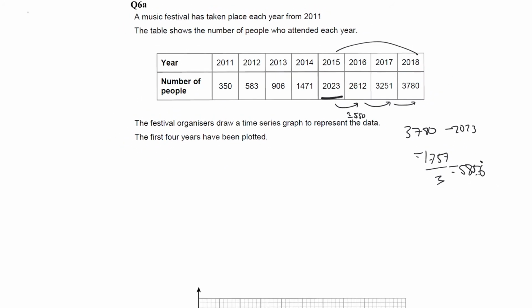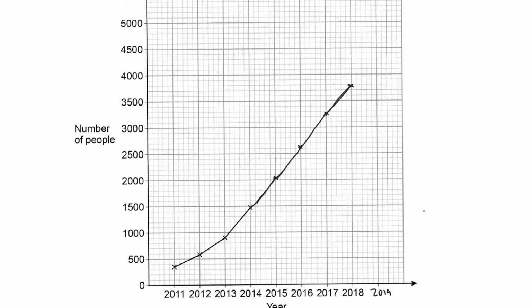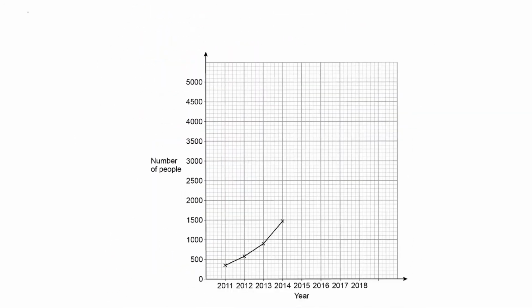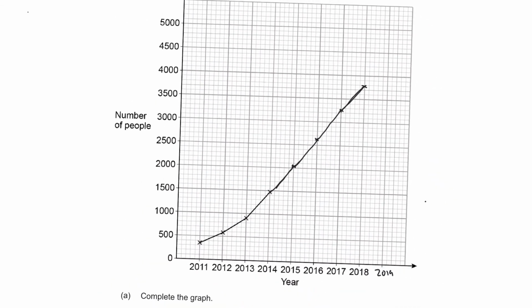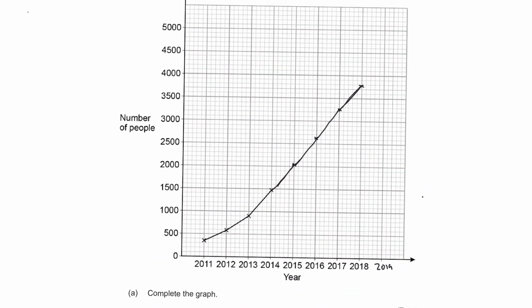So now I'm going to add that on to the 3,780. And that's about 4,366. So that's the point I'm going to roughly draw on the graph. Obviously, if it's come up in your paper twice, draw it twice, but I'm just drawing it once.